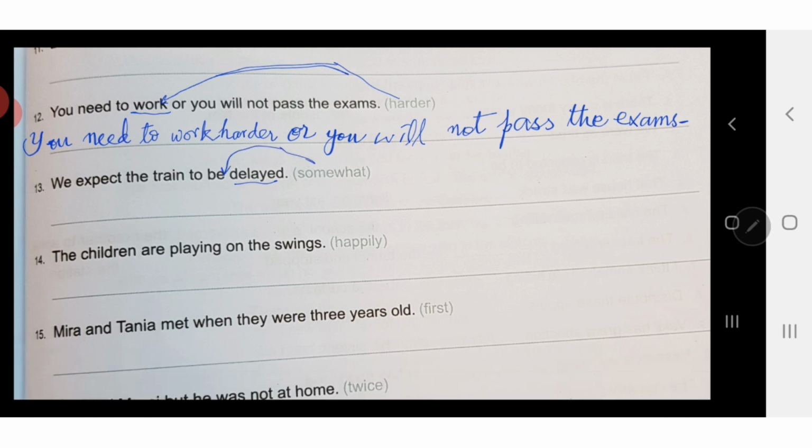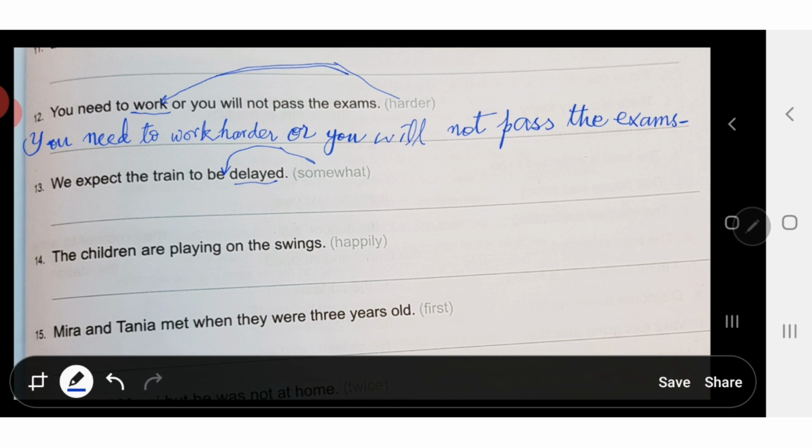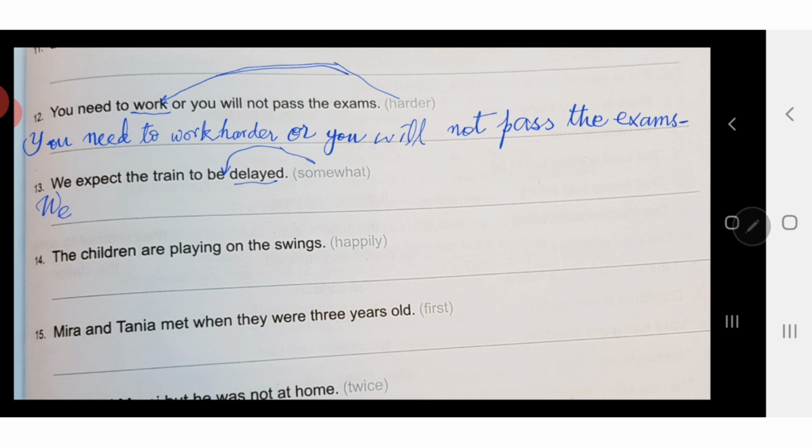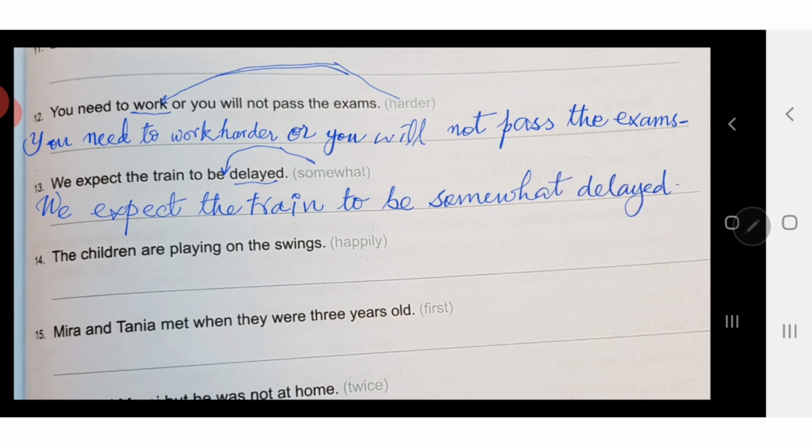It will become: we expect the train to be somewhat delayed. Okay, full stop.